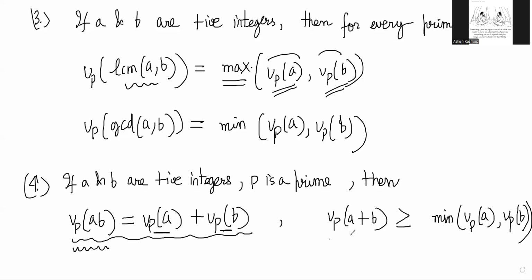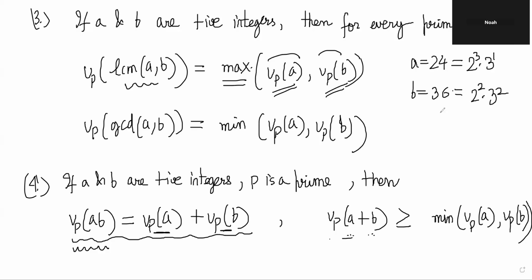And when you add the numbers and you do p-adic valuation, let's take an example. A is equal to 24, B is equal to 36. So this is 2 cubed into 3 to the power 1, and this is 2 squared into 3 squared, right?